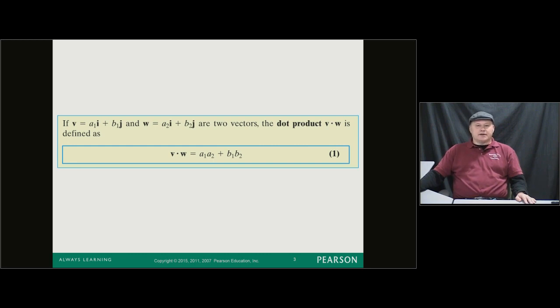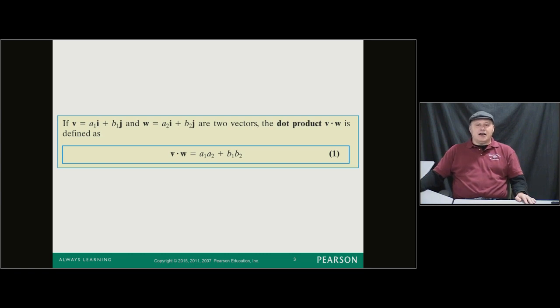But the dot product doesn't give you a vector. It gives you a number, a real number, or in vector terminology, a scalar. So when you do the dot product of v and w, you multiply their x components, you multiply their y components, and then you add the numbers together.